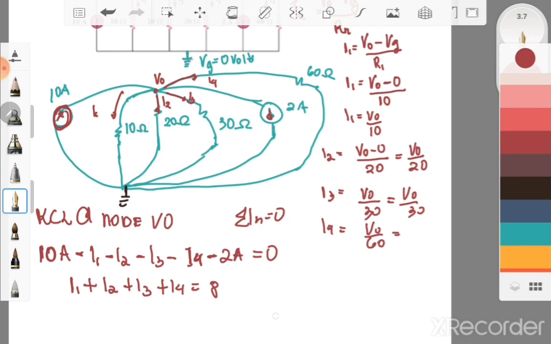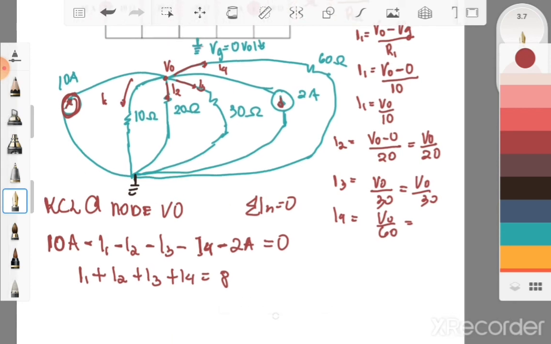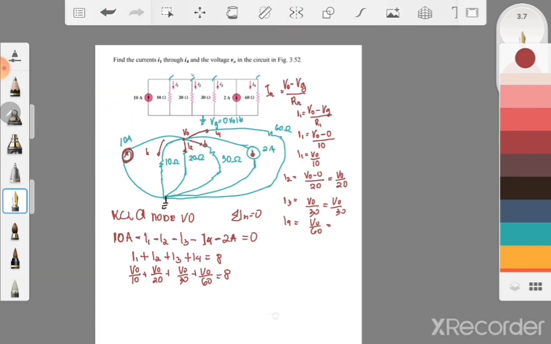So we have I1 plus I2 plus I3 plus I4, very easy, right? We have VO over 10 plus VO over 20 plus VO over 30 plus VO over 60, which is equal to 8 ampere. Okay?